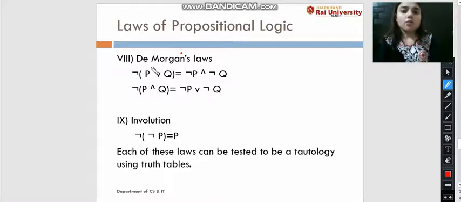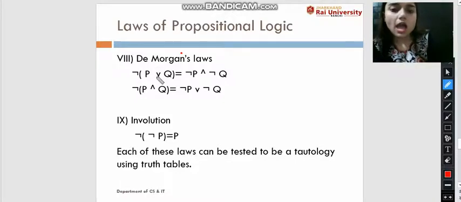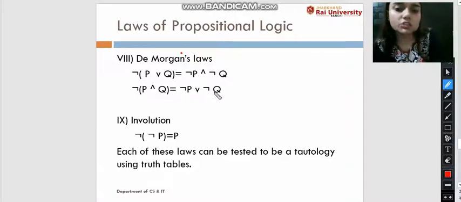De Morgan's law states that negation of (P or Q) is equal to negation of P and negation of Q. Negation of (P and Q) is equal to negation of P or negation of Q. Here, if you have an or, then here we will have and, and if we have and, then here we will have or. And the last law is the involution law, that is, negation of negation of P is P.